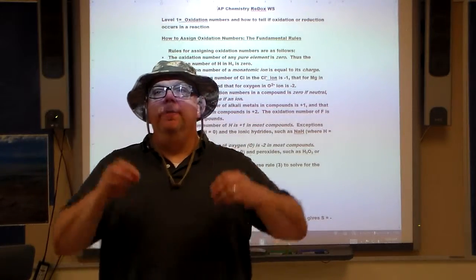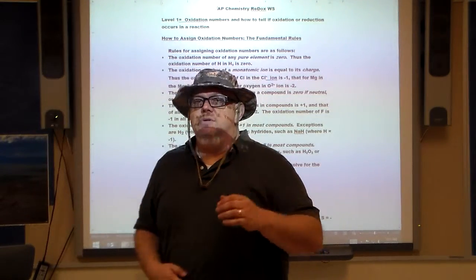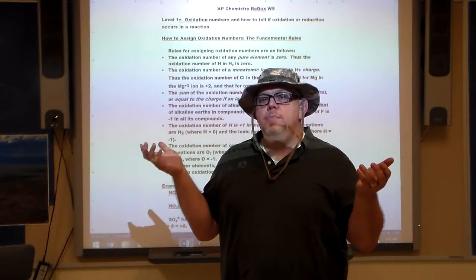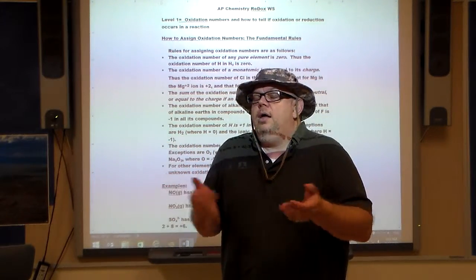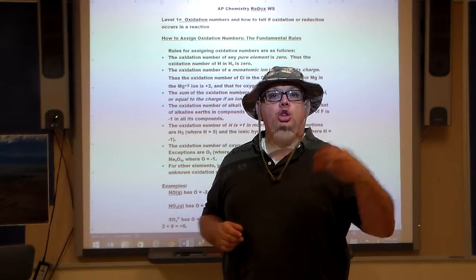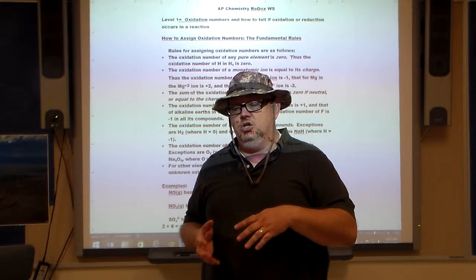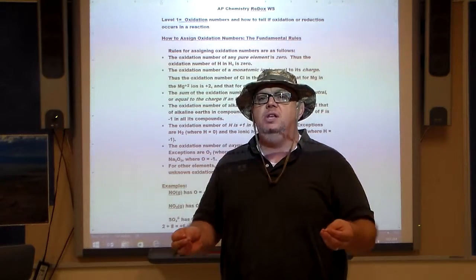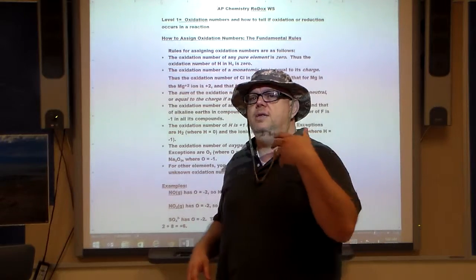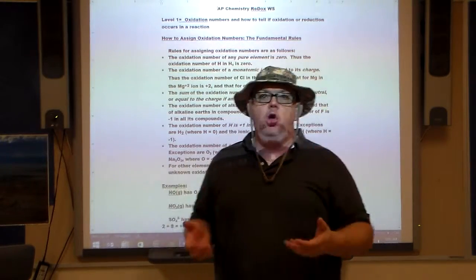In chemistry, atoms are going to have an oxidation number. Well, what do we mean by that? An atom could be neutral, or it could lose electrons or pick up electrons. If it loses electrons, then it becomes oxidized and it begins to have a positive charge.